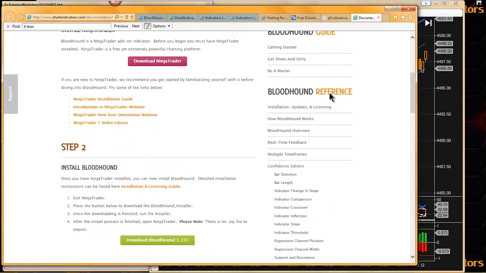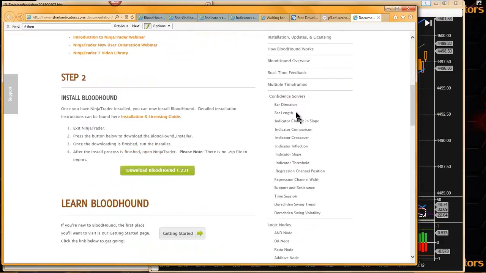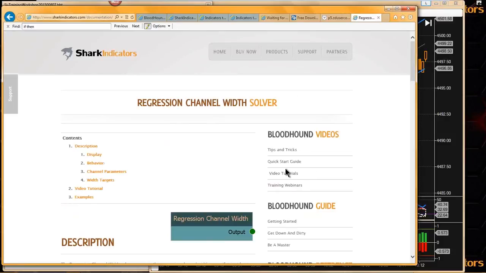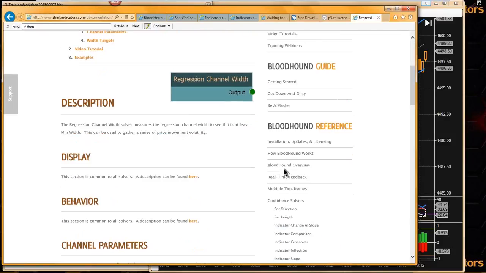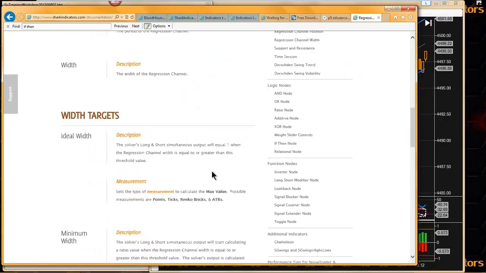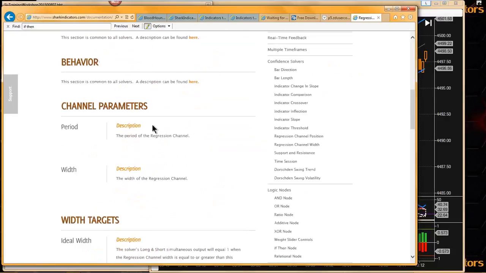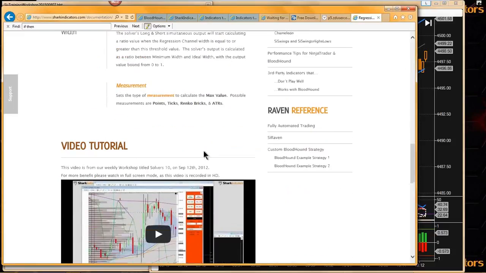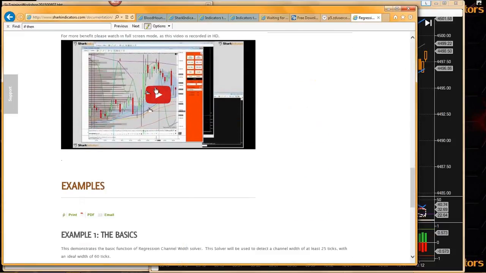If we scroll down to BloodHound reference, then we have a list of solvers down here, and we can go to Regression Channel Width. And there's the written description and explanation of what the regression channel width is doing for you. There's also a previous video on this.